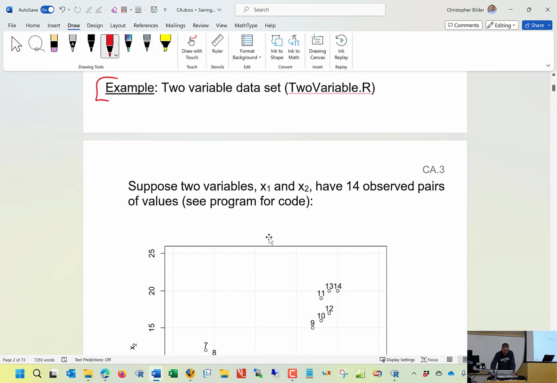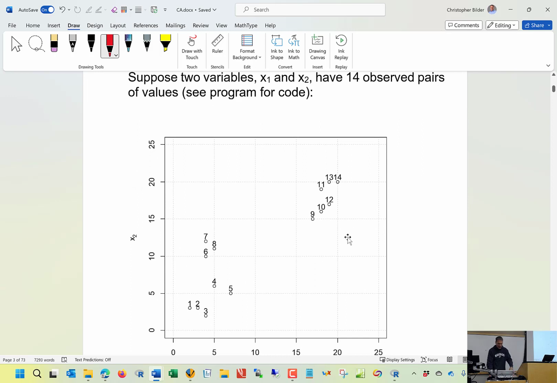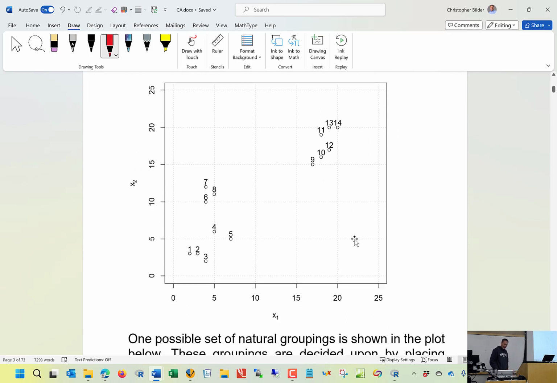To help see how cluster analysis works, I have this program called twovariable.r. It's meant to be a very simple example where I have two variables in a data set and a total of 14 different observations. With these observations plotted, it looks like some of them are similar to one another.